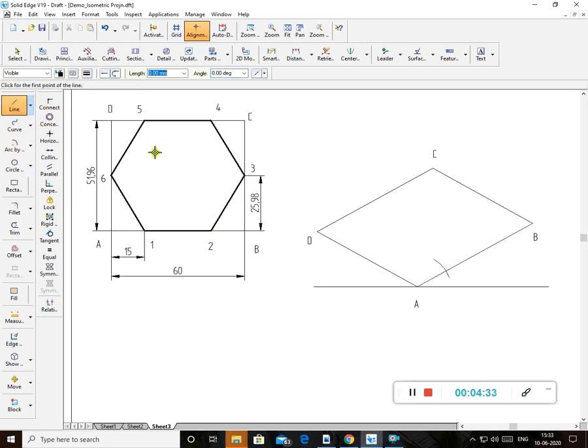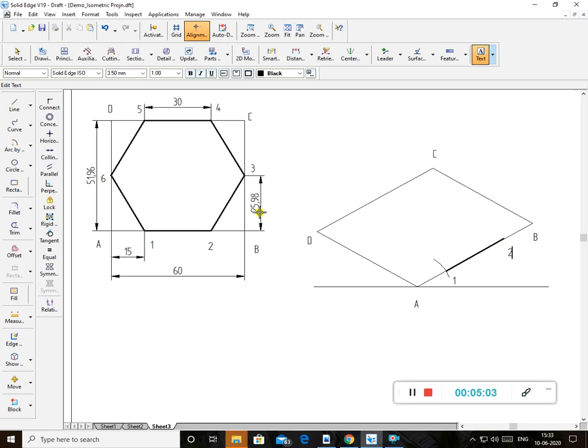This distance is 30, since it is a 30 side hexagon. So from here I draw a line to the intersection point and I get 1 and 2 on AB.